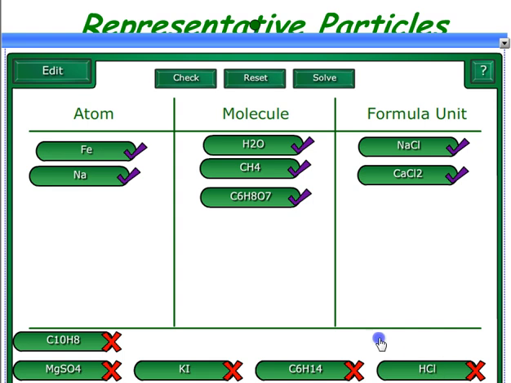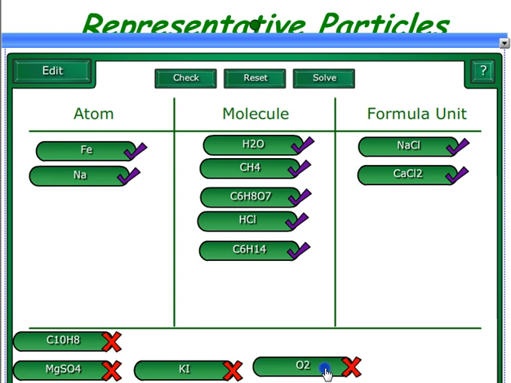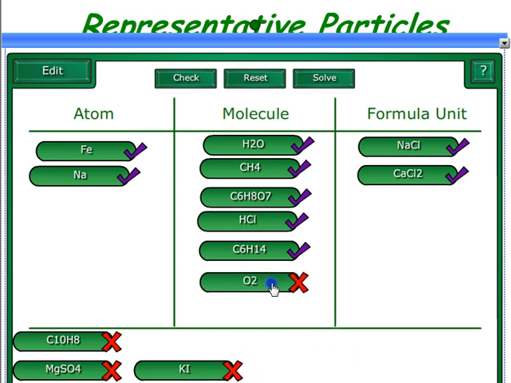HCl, H is a nonmetal, Cl is a nonmetal, it is a molecule. C6H14, carbon and hydrogen, both nonmetals, it's a molecule. O2, this is an interesting one because it is an element, but there are two atoms of the element bonded together. They're both nonmetals, so we have to classify that as a molecule even though it's an element.